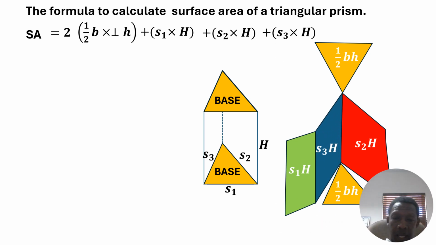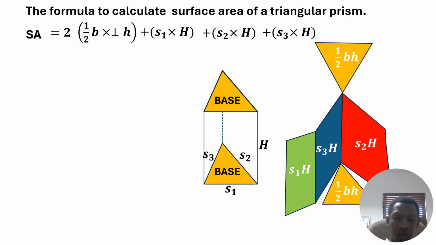And then the last one is the third rectangle, which is calculated using side 3 of the triangle multiplied by the height of the prism.